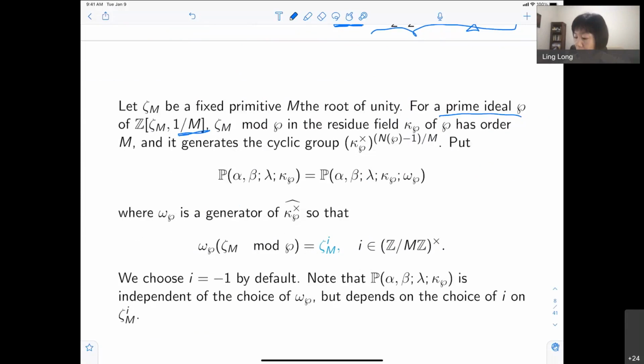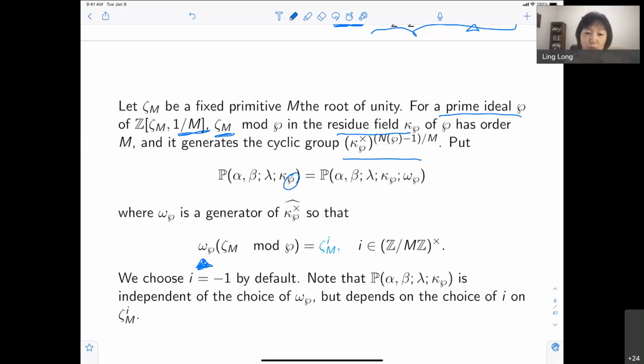So in this case, in each residue field, there is a primitive character, and they generate this particular subgroup over here. So when we put this up locally, because now I'm going to vary this non-zero prime ideal, then the key point will be how to vary the choices for the generator.